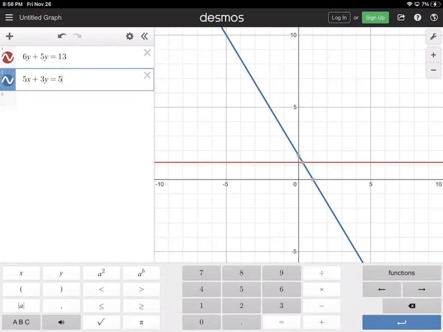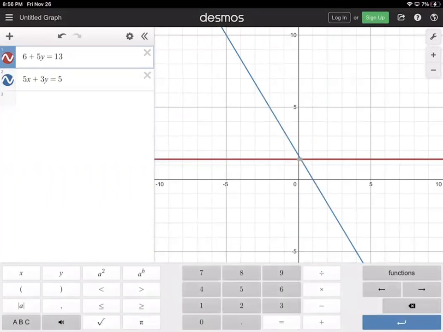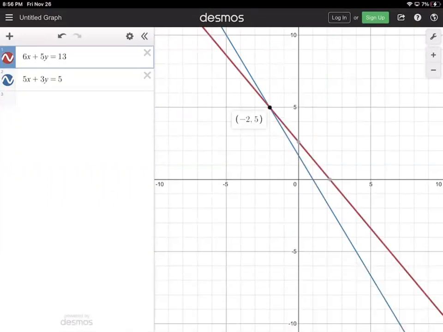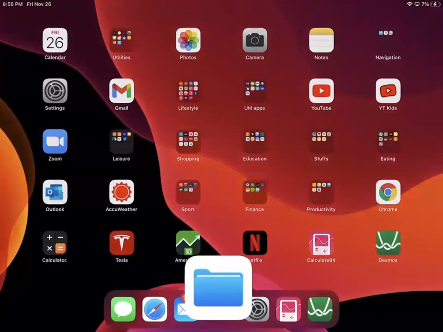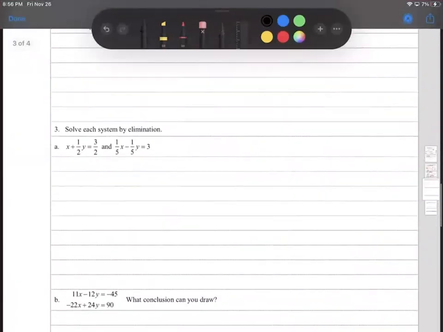Right here, this is where the two lines meet. Negative 2, 5. That's where the two lines meet. If you would have graphed this, the solution should be negative 2, 5. So it checked. We're gonna skip You Try 2.